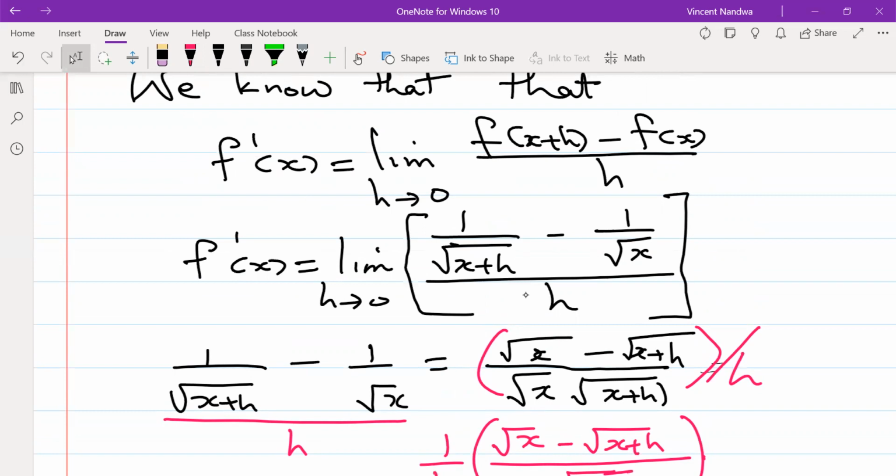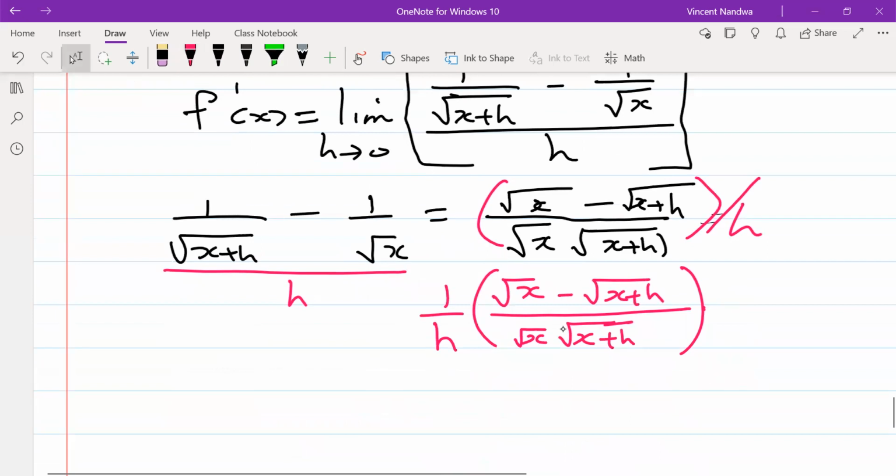So we have this expression here, 1 over root of x plus h, and then 1 over square root of x. We can as well rationalize each term differently. Okay? So this will give us square root of x minus square root of x plus h. So what is the conjugate of this?